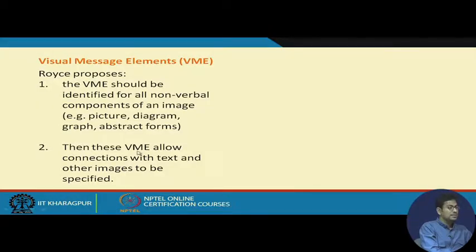Then these visual message elements allow connection with the text or other images to be specified. So, now these visual message elements are the starting point, or are the nodal points from which you move on, migrate to the text counterpart. So, corresponding to these visual message elements, what is the text that is conveying the sense.